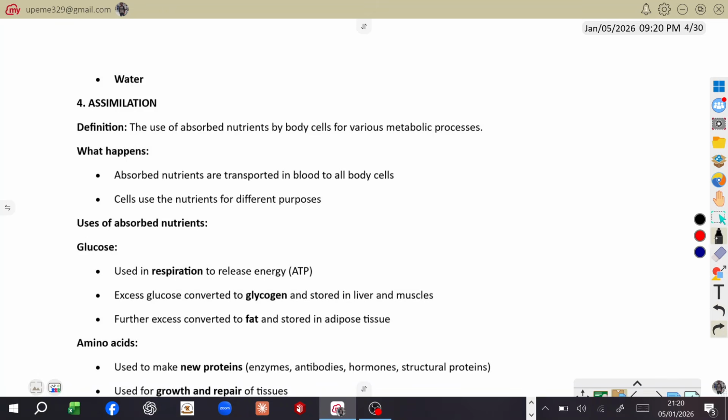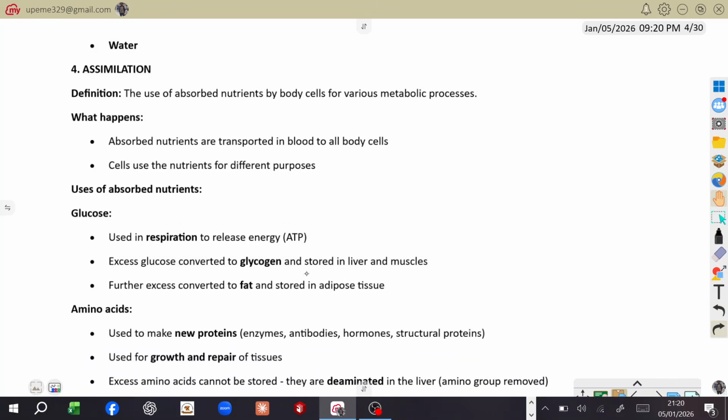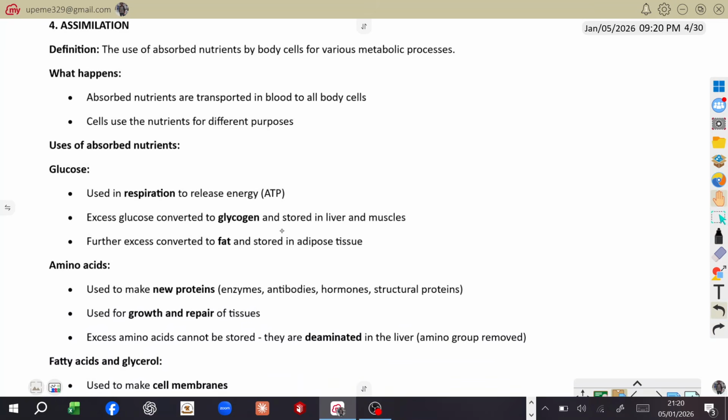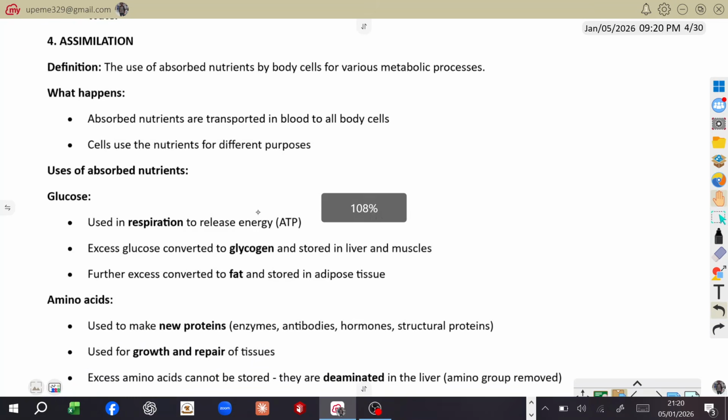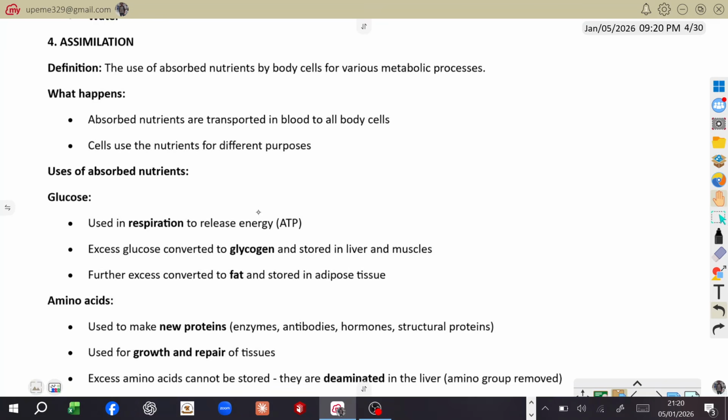Ladies and gentlemen, this is assimilation. Now, what is assimilation? Assimilation is the use of absorbed nutrients by body cells for various metabolic processes. The end reason of digestion is to ensure that the food which is digested and absorbed into the bloodstream gets to be used by body cells for various metabolic processes.